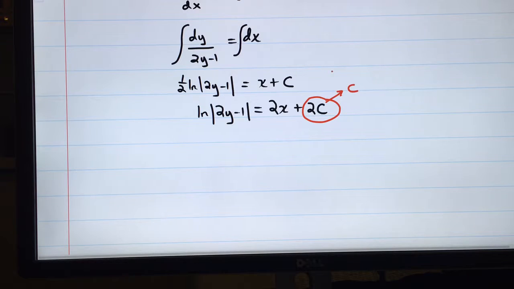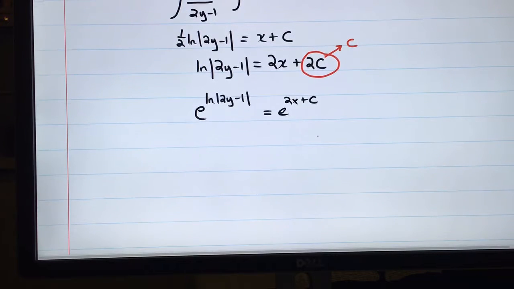And so, applying what we have now, I'm looking at solving in terms of y. Once again, I can apply the natural logarithm of exponential base e. So I have e to the natural logarithm of the absolute value of 2y minus 1 is equal to e to the 2x plus c. And e and the natural logarithm will cancel out.